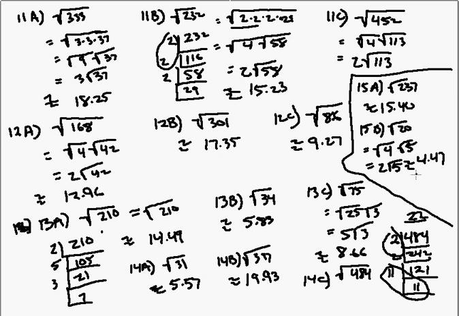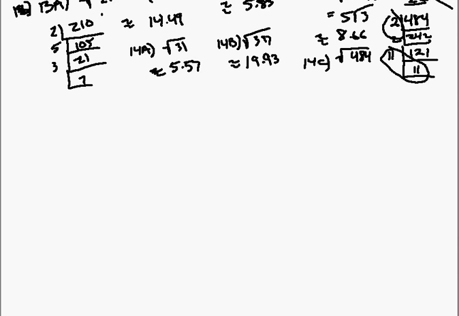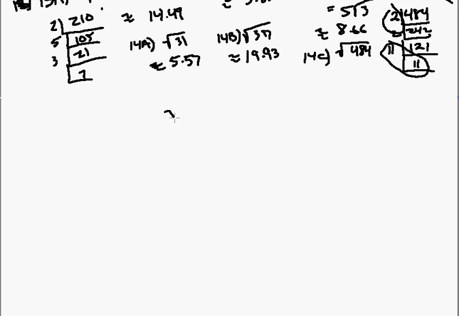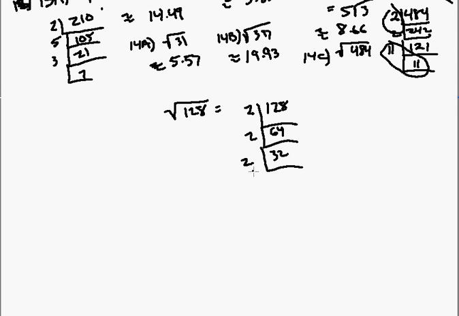And finally, square root of 128. Let's scroll this down. Square root of 128, let's see, 2 goes into 128, 64 times. 2 goes into 64, 32. 2 goes into 32, 16. 2 goes into 16, 8. 2 goes into 8, 4, and 2 goes into 4 twice.